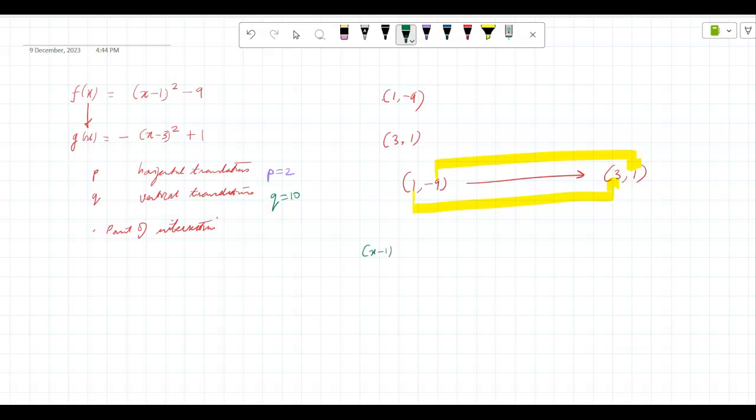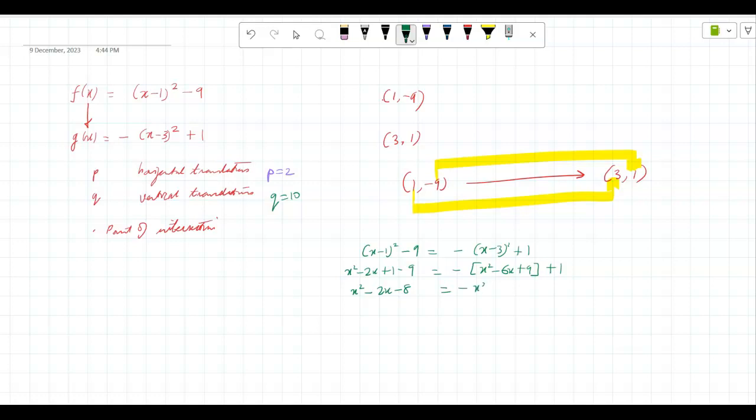So you do (x minus 1) the whole square minus 9, and equate it to g. So this is x square minus 2x plus 1 minus 9, which is x square minus 2x minus 8.